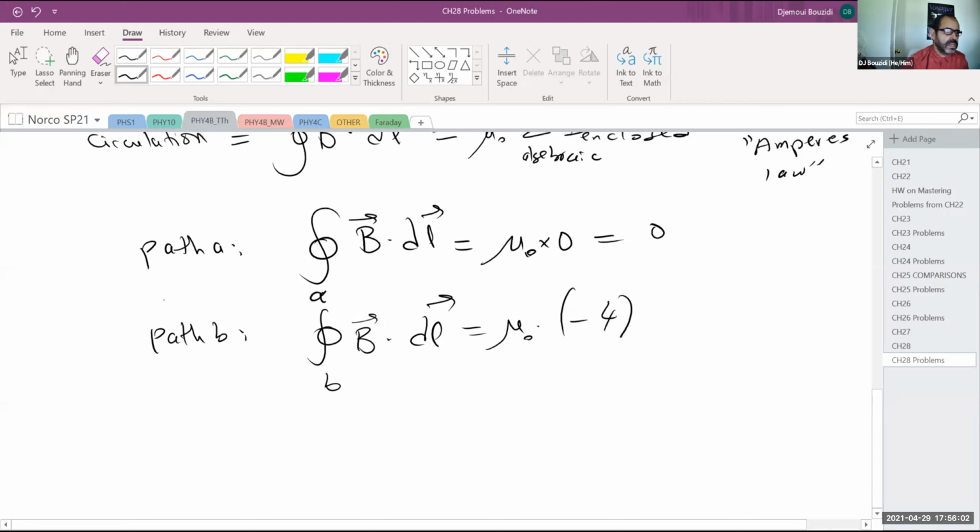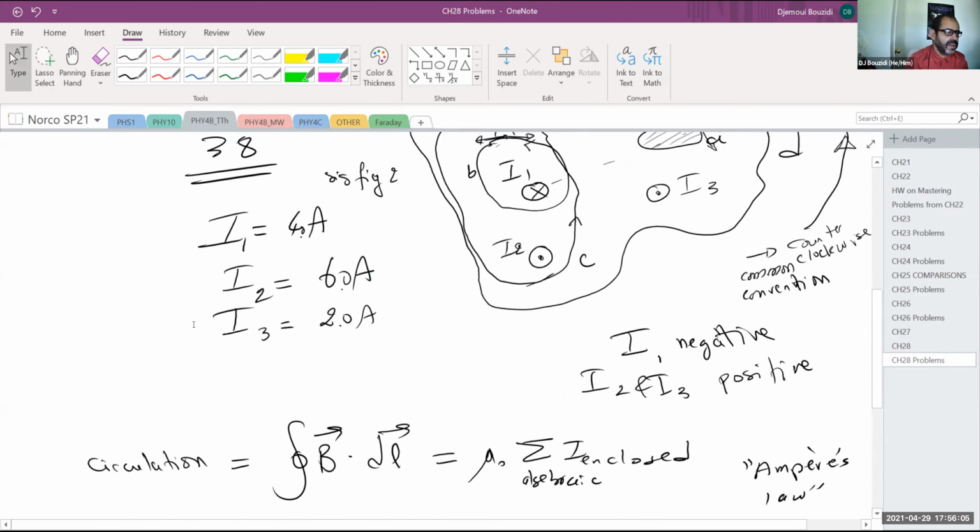And mu naught, that's something that I should have written as something that is given, that is known also. Mu naught is 4 pi times 10 to the -7 in SI units. If you think of this one as being in Tesla, and this is in meter, and this is in amps, so it's actually Tesla meter per amp.